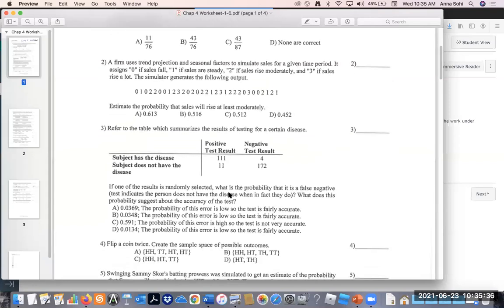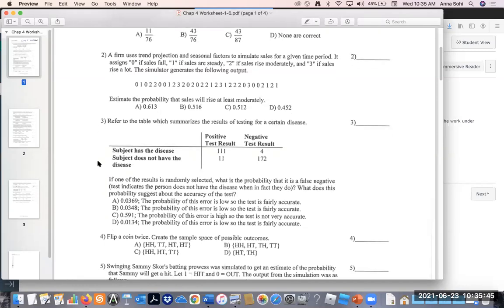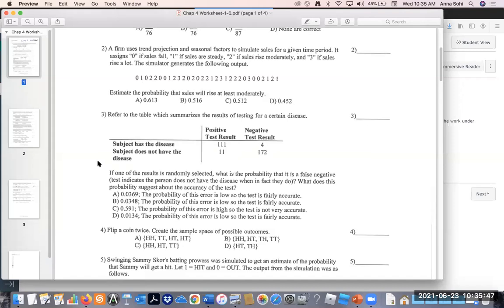So look at number 3 and see if you can answer A, B, C, or D. Number 3, refer to the table which summarizes the result of testing. If one of the results is randomly selected, what is the probability that it is a false negative?